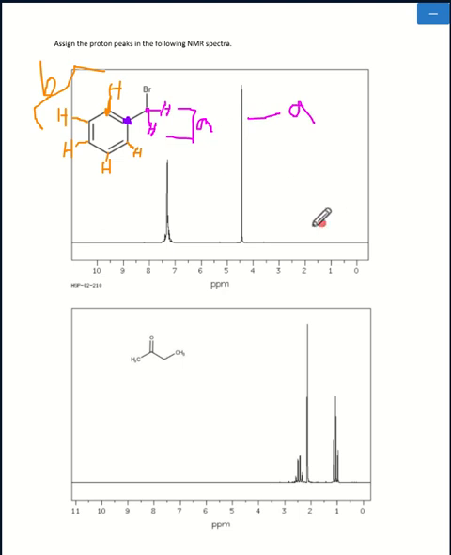That actual number can vary quite a bit. What is actually very consistent is the hydrogen coming off of an aromatic benzene ring. They like to show up around 7 parts per million, 8 parts per million, around this region right here. Therefore, this peak is actually going to be the hydrogen of the aromatic ring.